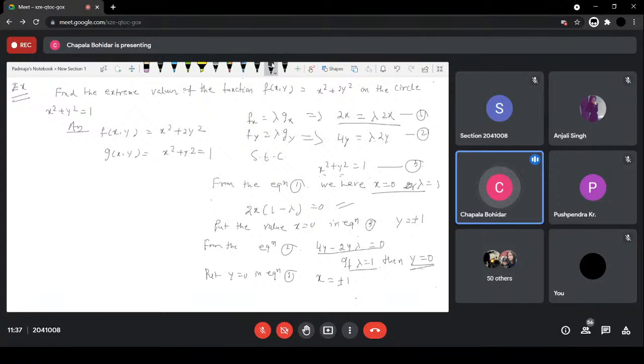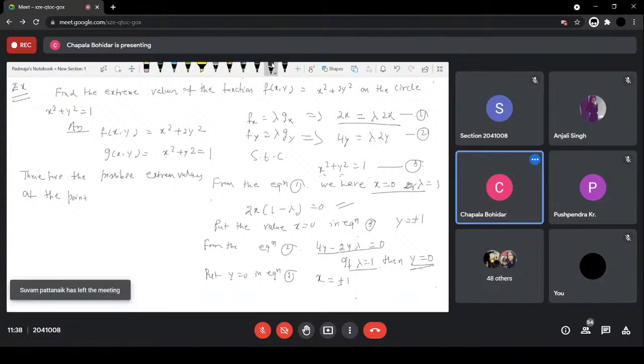So what are the critical points here? The possible extreme value points are: when x is equal to 0, y is equal to plus minus 1, so (0, 1) and (0, minus 1).